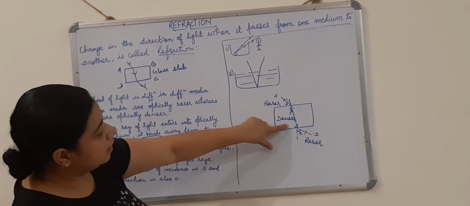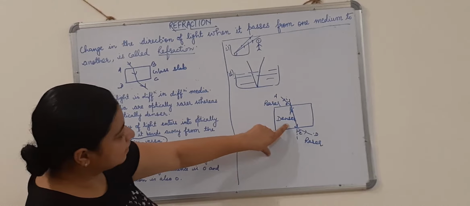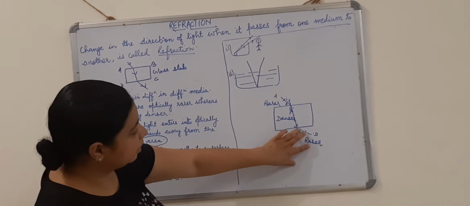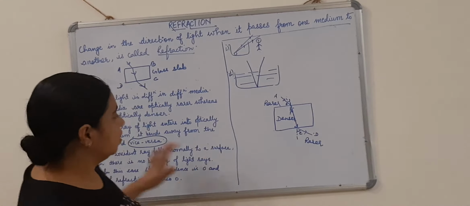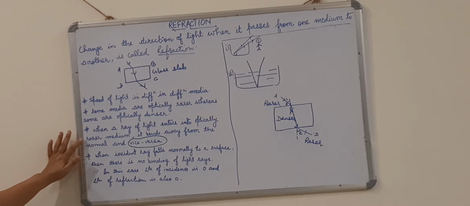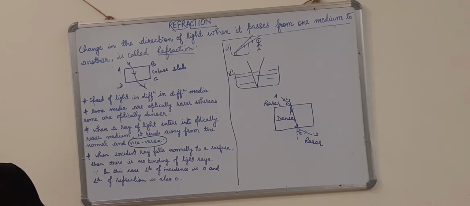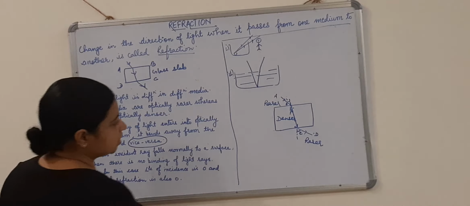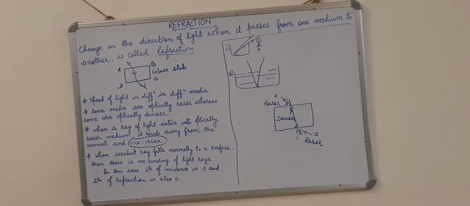And when light enters from an optically denser to an optically rarer medium, it will bend away from the normal. That is why there is a difference in the angle of incidence, angle of refraction and angle of emergence. I will explain that later on.